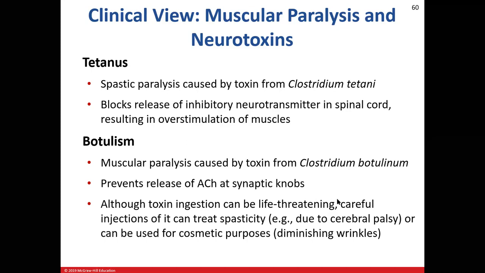Now, botulism can be life-threatening if it's ingested, especially if you get enough of it. However, it's also used to treat certain conditions. We use it in injections to treat cerebral palsy, or it can be used for cosmetic purposes for diminishing wrinkles. So this is what we know as Botox. We inject the botulism toxin into our tissue, and that causes a relaxation, in this case, of the facial muscles.